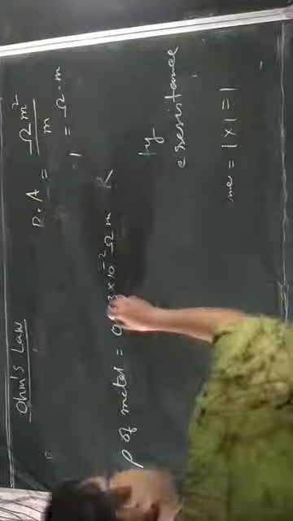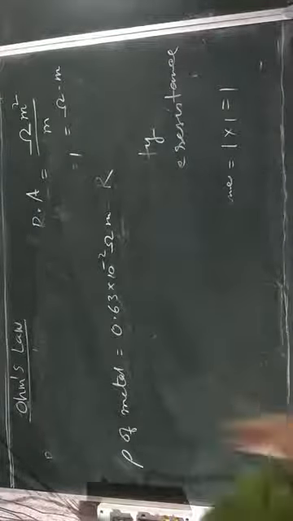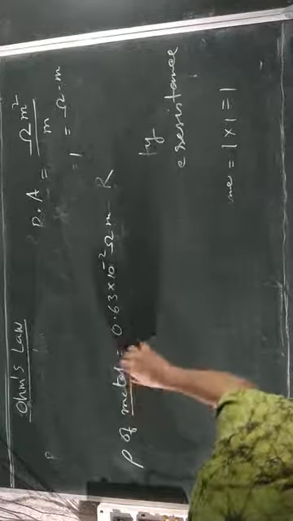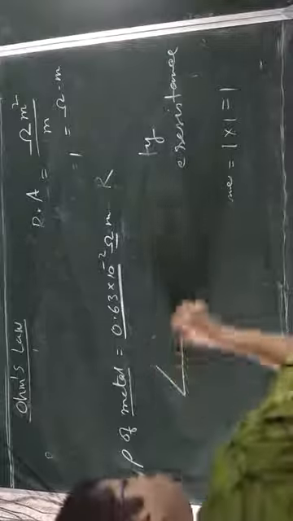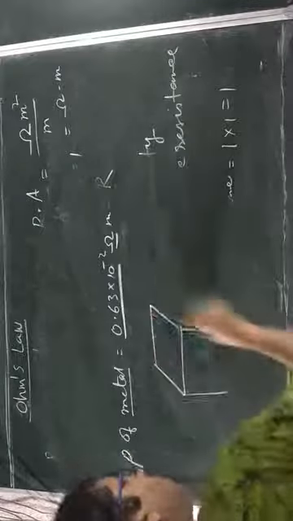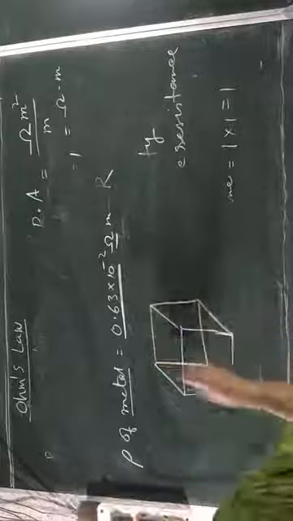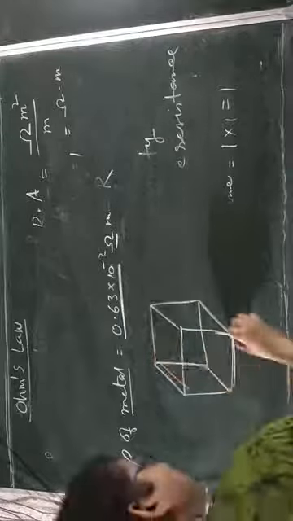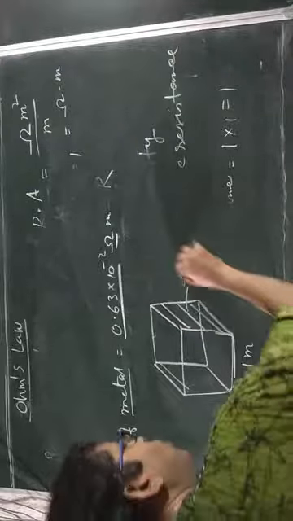That means when free electrons start flowing through a conductor made up of that metal, then the free electrons face an obstruction of this many ohm between two opposite walls of a cubical piece of the conductor whose length is 1 meter and cross section is 1 square meter.